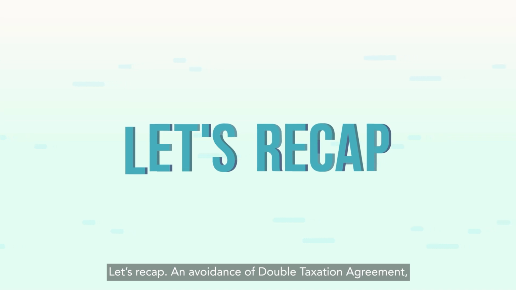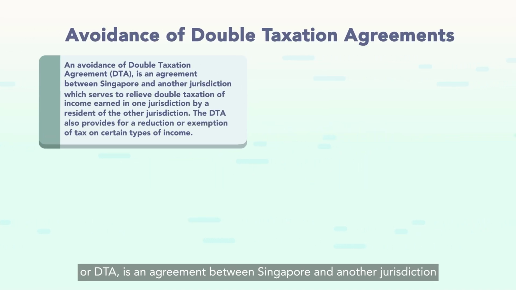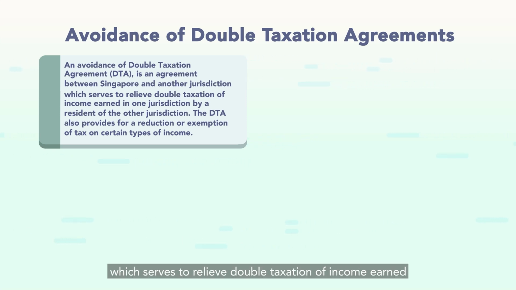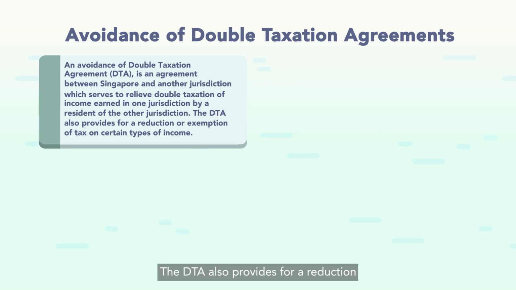Let's recap. An Avoidance of Double Taxation Agreement, or DTA, is an agreement between Singapore and another jurisdiction which serves to relieve double taxation of income earned in one jurisdiction by a resident of the other jurisdiction. The DTA also provides for a reduction or exemption of tax on certain types of income.